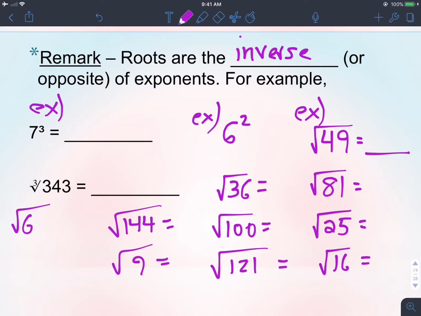Another one. Copy all of them. Oh, this one. Okay. Roots are the inverse of exponents. What is 6 squared? 36. But now when you see this symbol, square root, it's like saying, okay, what number to the second power will give you 36? And you work backwards, so that's 6, right?